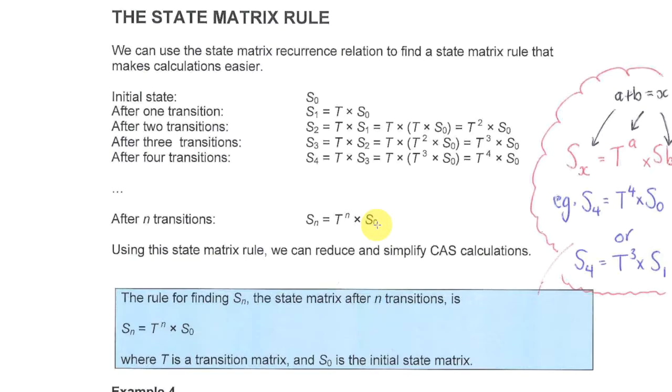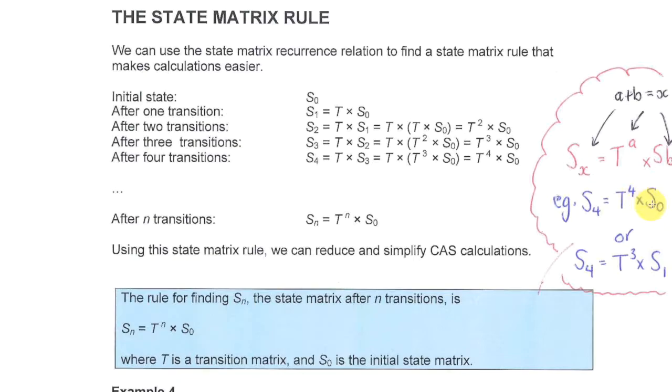Now the key to this is that if you're after Sn, then the power of the transition matrix and the subscript of the state, in this case 0, need to add up to that figure. That's shown in this example. If we're after Sx, then the addition of those two needs to also happen.